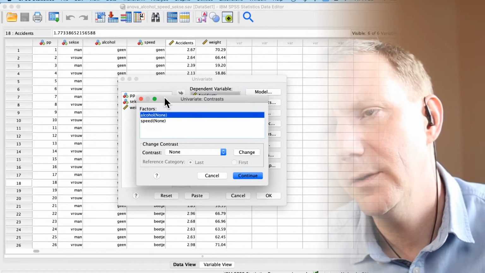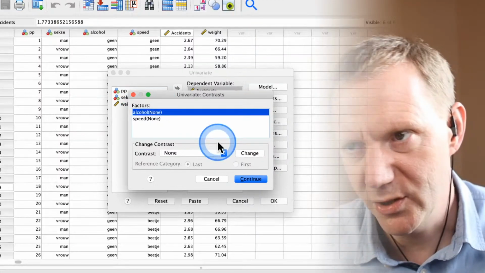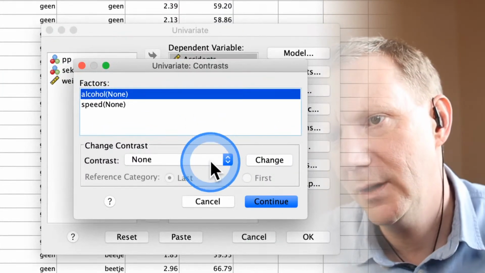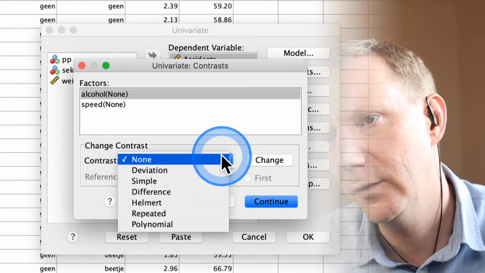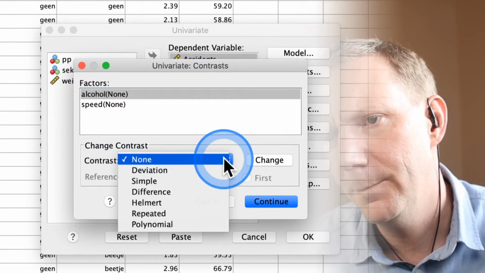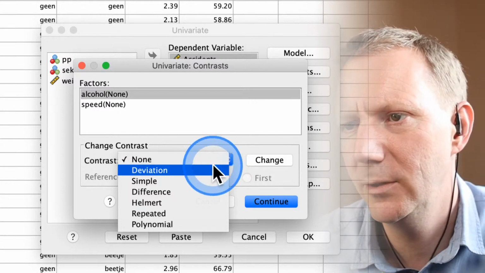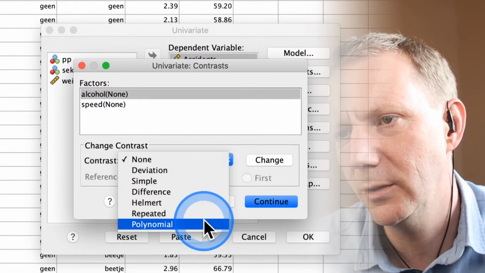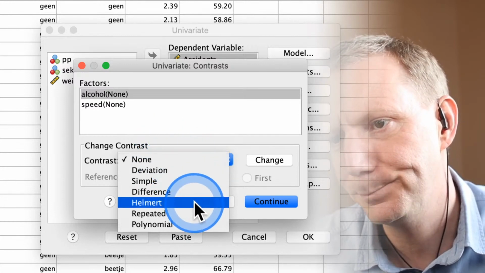The factorial ANOVA just provides you with a few options. So you have the ability to choose a specific kind of contrast. I think I've already stated for this course that I won't be asking you to know the differences in all these contrasts that will be provided.